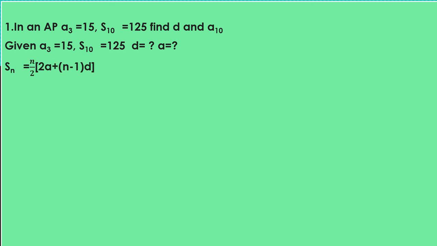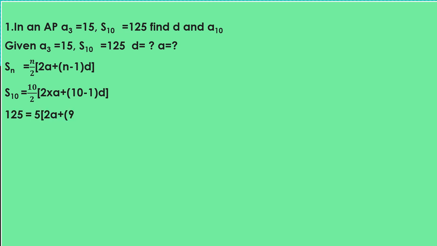You already know the formula, Sn equal n by 2 into 2a plus n minus 1 into d. First, we have to substitute the values. In place of n, we substitute 10. So, 10 by 2 into 2a plus 10 minus 1 into d. We have to find a and d, so keep it as it is.